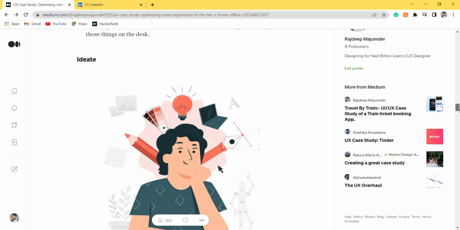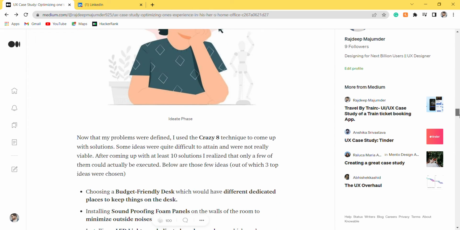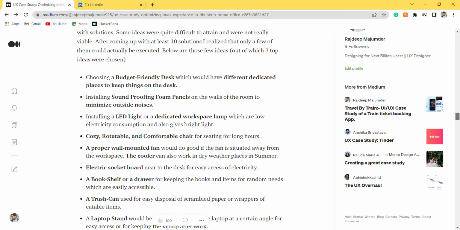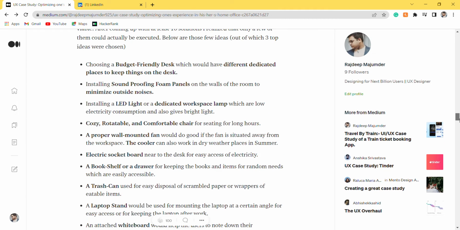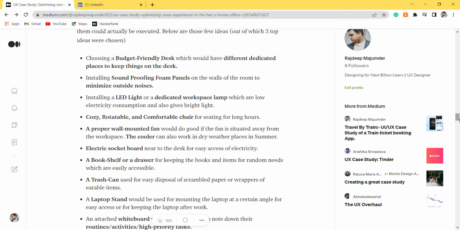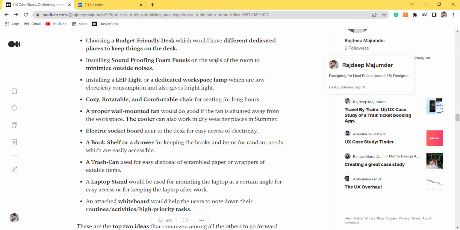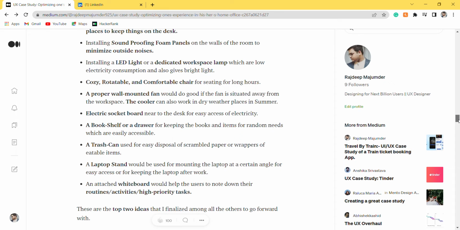Okay, then I move to the ideate phase and try to bring out some solutions addressing those problems. Some solutions I brought out were choosing a budget-friendly desk where all things would be kept nicely, installing soundproof foam panels on the walls of the room to minimize noise, a cozy rotatable comfortable chair, a proper wall-mounted fan which would solve their discomfort issues, and a bookshelf drawer.